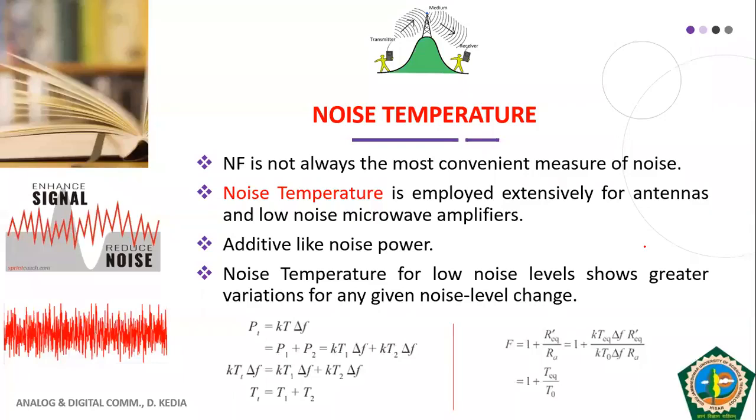We have expressed noise in terms of noise figure also. In the noise figure also, we have expressed our noise figure in terms of SNR once and in terms of equivalent resistance in the last expression that we saw. So students, we can also express our noise in terms of noise temperature.